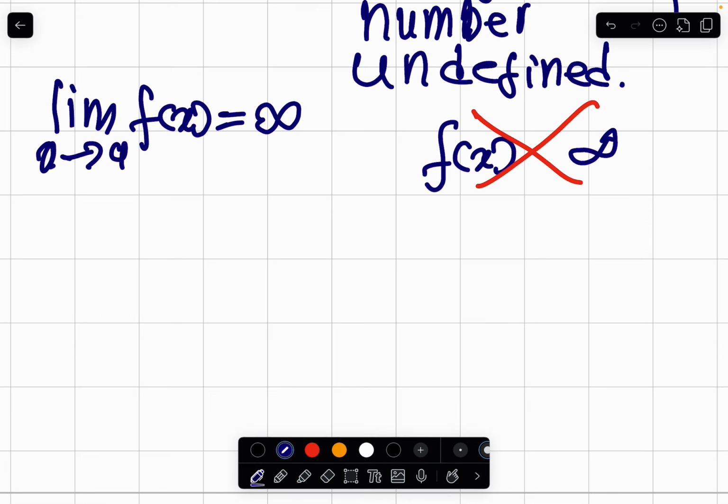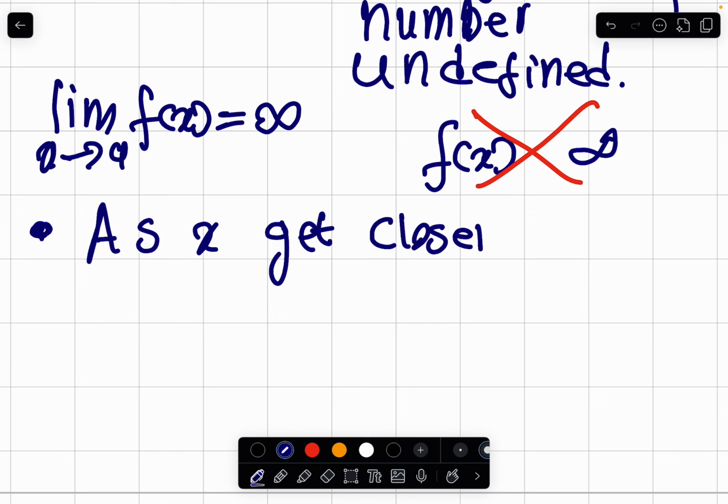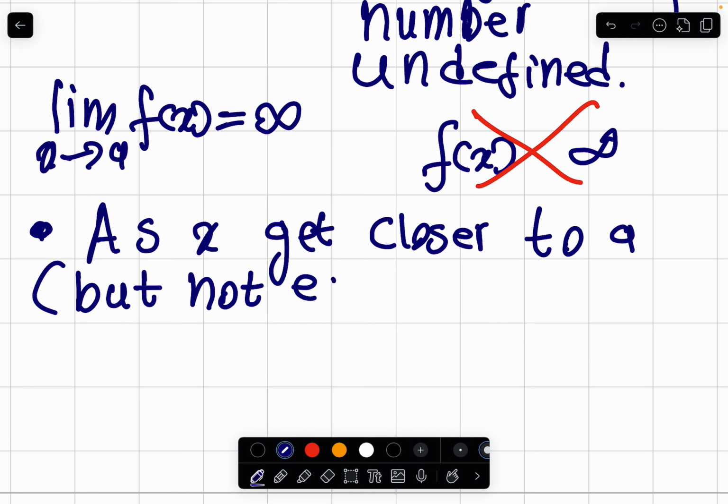Then your first point will be like this. It will be: as x gets closer to a but not equal to a.